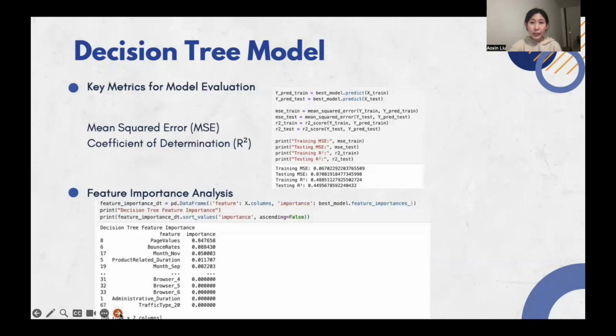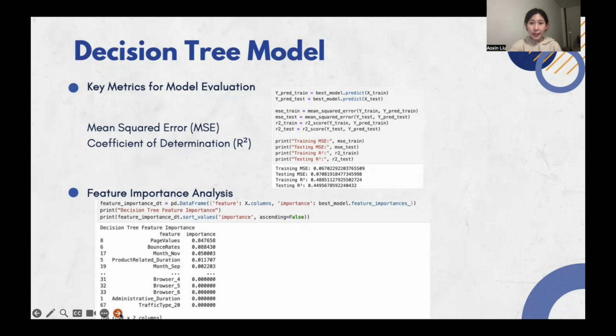The key metrics for evaluating the model include mean squared error and coefficient of determination. These metrics help us quantify the performance of the model and understand how well the model fits. A lower MSE indicates more accurate predictions, while an R-squared value closer to 1 signifies stronger explanatory power of the model.